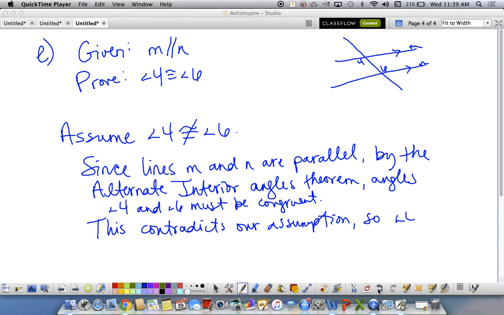So, angle 4 must be congruent to angle 6. I like this one better than I liked letter D. It's more straightforward. It's step 1, step 2, step 3. There's 3 exact steps that we're doing.